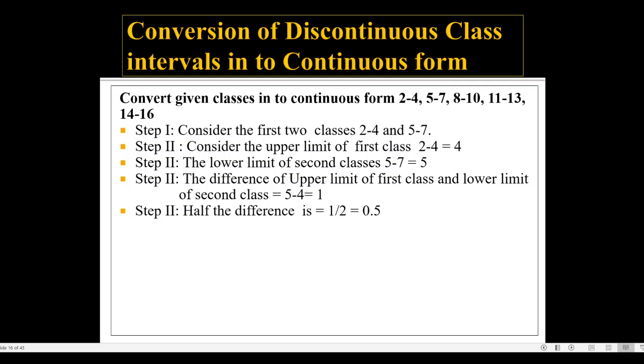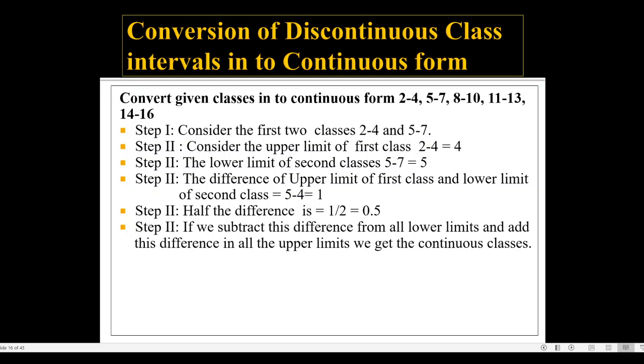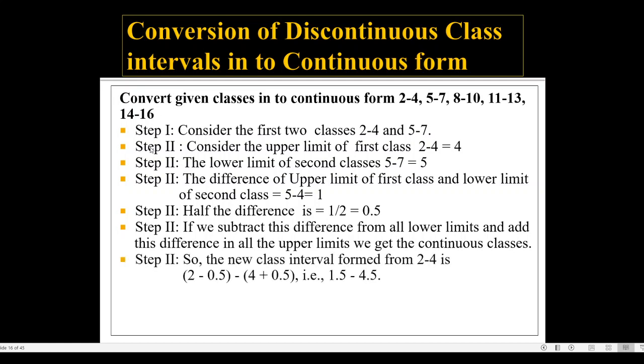Then our next procedure is we have to add this 0.5 to the upper limit of each class, and we have to subtract 0.5 from lower limit of each class. We get for first class 2 to 4, here 2 minus our value 0.5 to 4 plus 0.5.